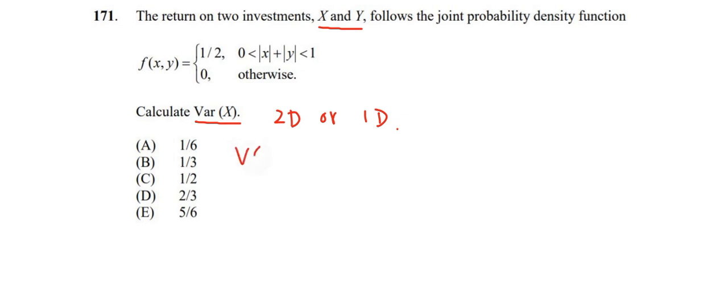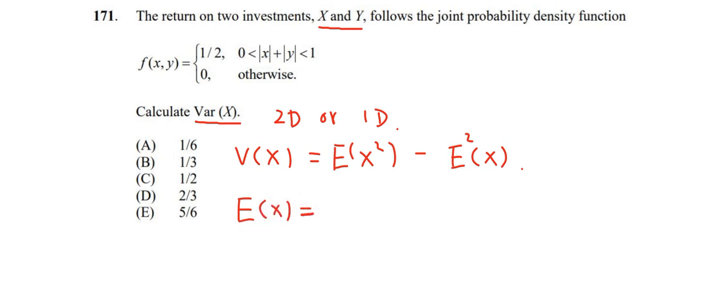We just use the formula Vx equals E of x squared minus the square of E of x. So to calculate the E of x, we just use this. Okay, so this is just a double integration, right? So x f x y dx dy.